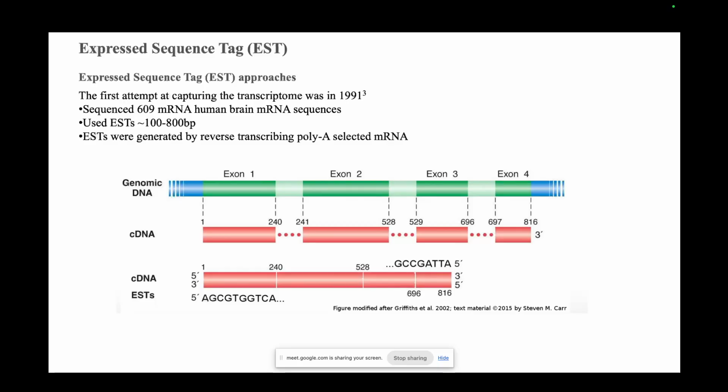This simple idea, expressed sequence tags, was initially used, and it is used to date as well. But you have a limit on the length of the RNA that can be sequenced: the expressed sequence tag DNA is around 100 to 800 base pairs long.